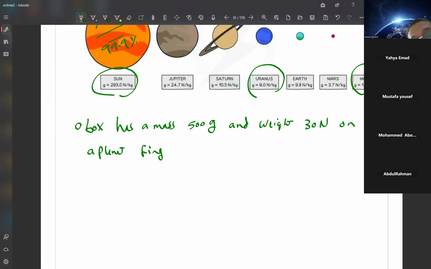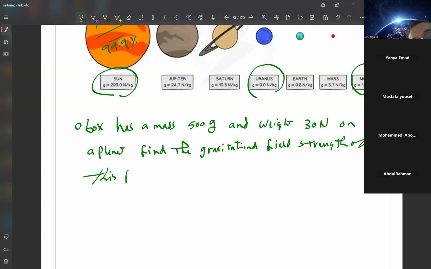Find the gravitational field strength of this planet. Mustafa Hussein, can you solve this question for me?